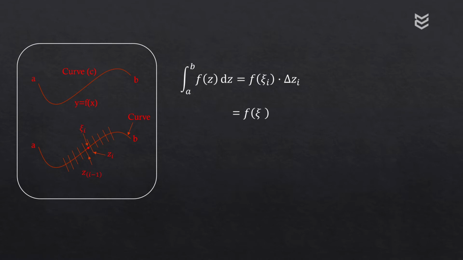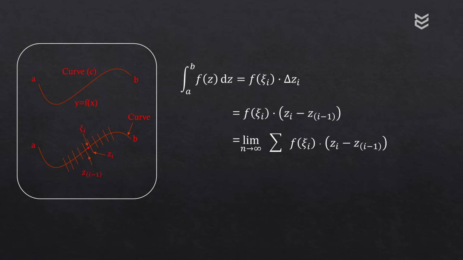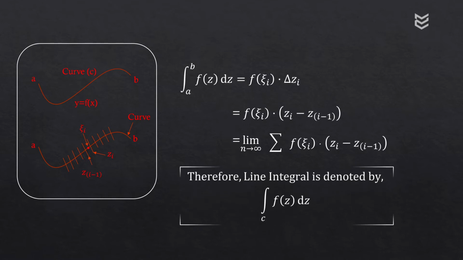Here, delta zi is the difference zi minus z i minus 1. The equation will be limited as n tends to infinity, taking the sum of all the pieces with the product of the functional value and the piece distance. This integral is called the integral over C.